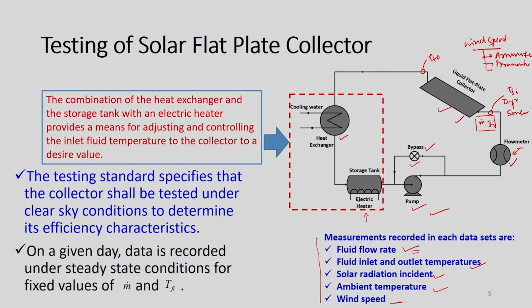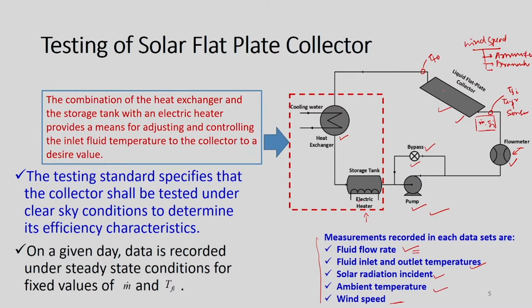These two assemblies, the combination of the heat exchanger and the storage tank with an electric heater, provide a means for adjusting and controlling the inlet fluid temperature to the collector to a desired value. What is required for inlet has to be controlled, and by using this arrangement we can control the temperature and feed it to the flat plate collector.